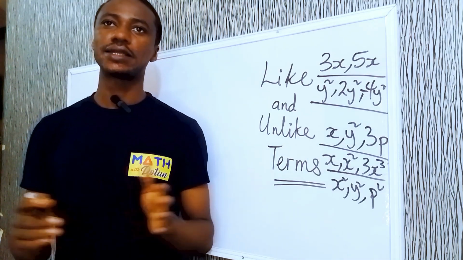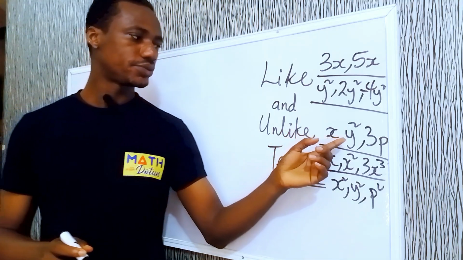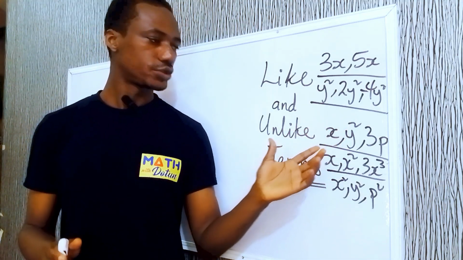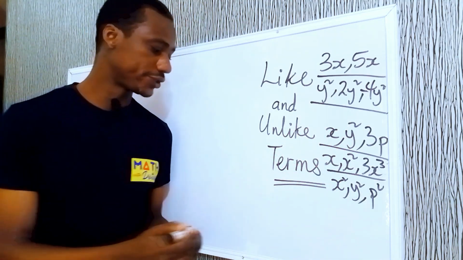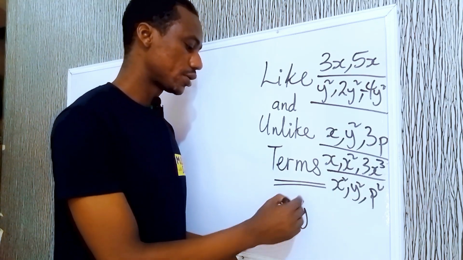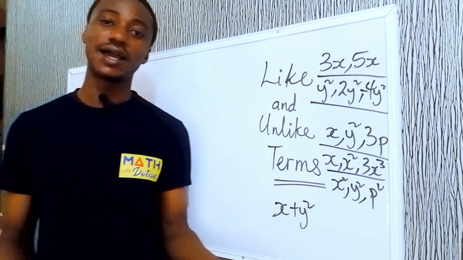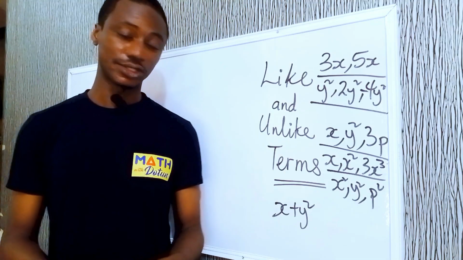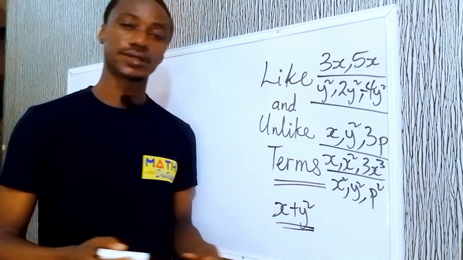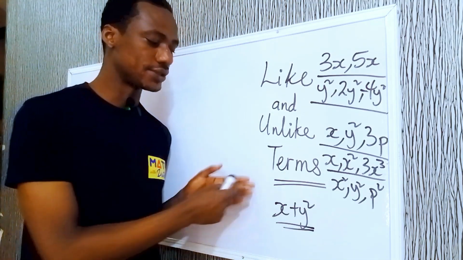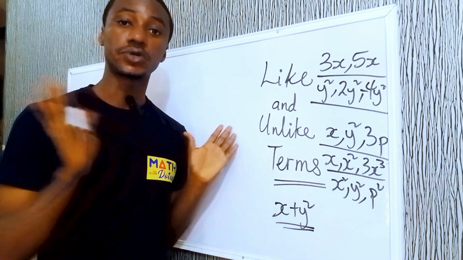So if I have x plus y squared, as the last thing in simplifying an expression, that would be my final answer, because I can't simplify it further.